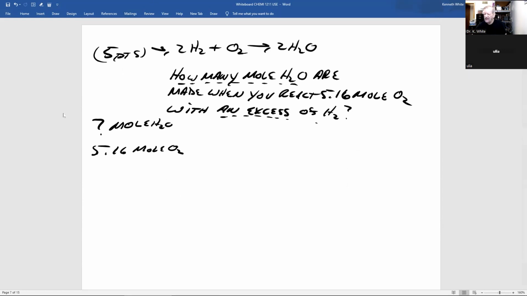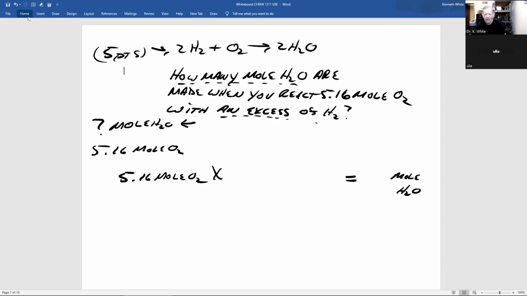So if we look at this, what do we have to start with? We have moles of O2. What units do we want our answer to be in? Moles of water.